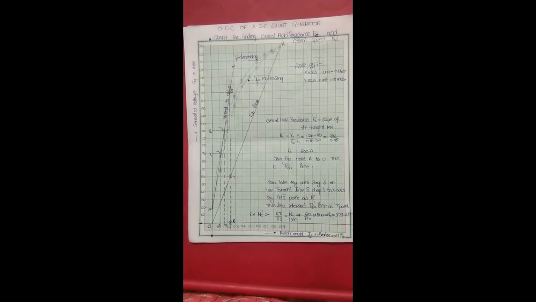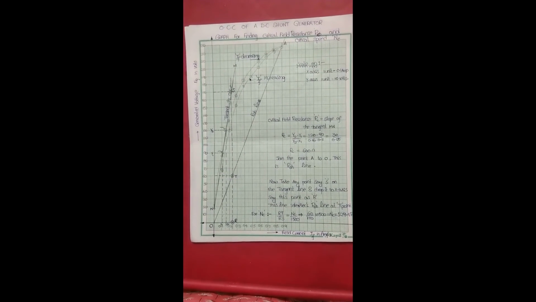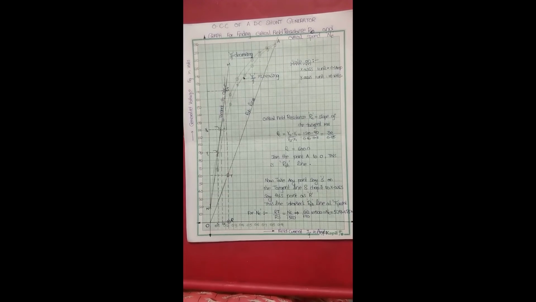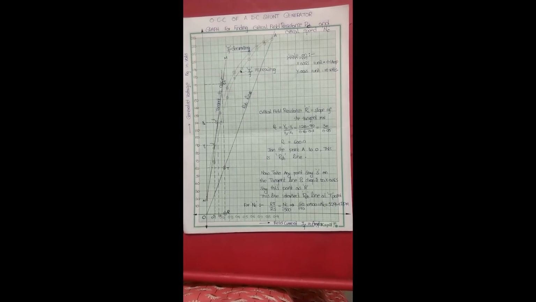Here the E2 and E1 corresponding values are RT and RS, so E2 by E1 equals NC by N, where N is the rated speed. I have measured the values of RT and RS, that is 60 by 170 into 1500. With this we can calculate the critical speed, which is 529.4 rpm, from this graph.